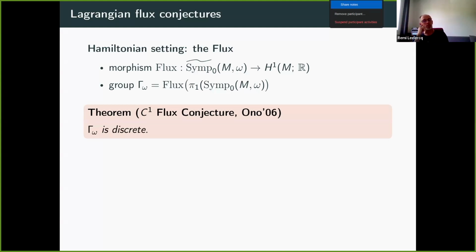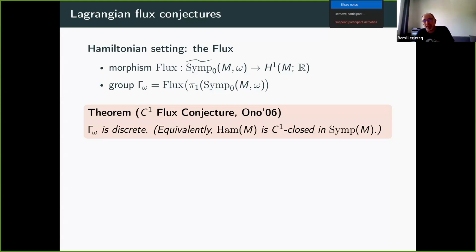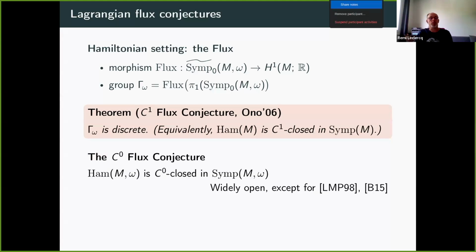And this was called the C1 flux conjecture because it was known to be equivalent to the fact that Ham is C1 closed in Symp. So as soon as you write that Ham is C1 closed in Symp, you can wonder, since we like C0 symplectic geometry, and you want to understand the topological properties of these spaces, is Ham C0 closed in Symp also?